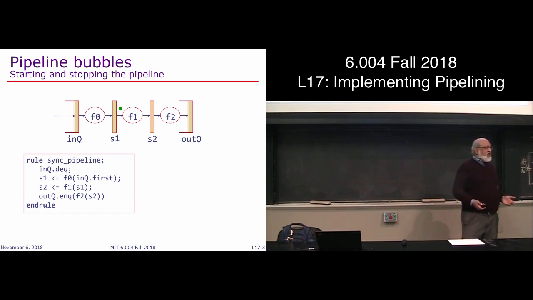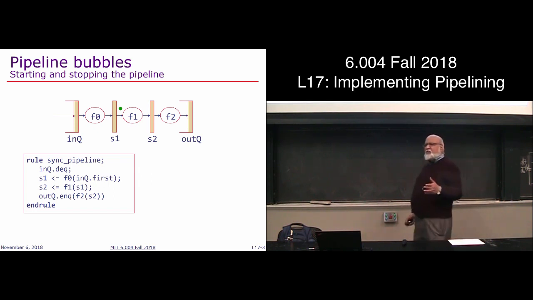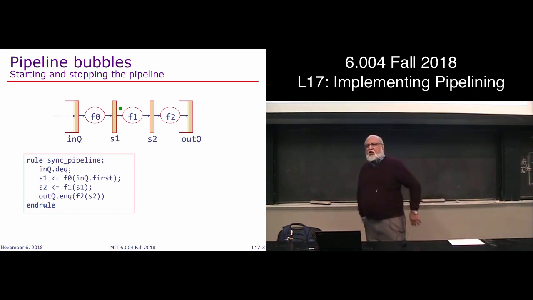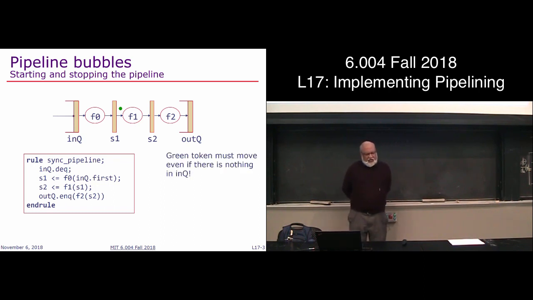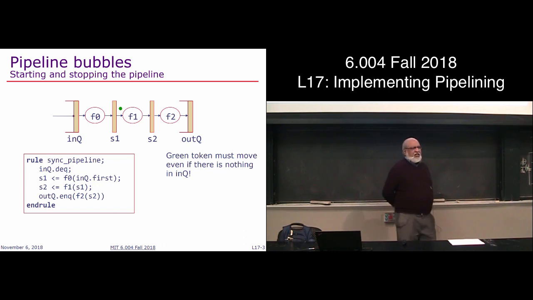Because there is nothing in the input queue. And yet you can't leave this green token in the pipeline. It must move. It must get out somehow. So there is always an issue of moving whatever information you have in the pipeline out. You can call it the stopping condition. At the end of the day, you can't leave anything in the pipeline.